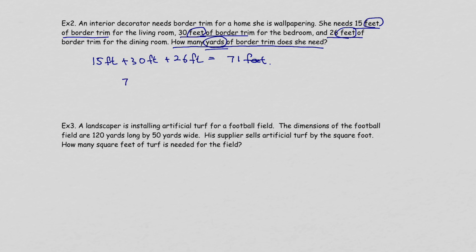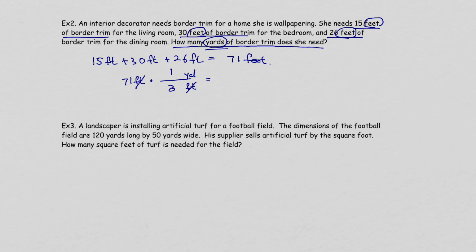So you will do 71 feet times the unit comparison. So you wanted to get yards, so yard unit will be on the numerator and then feet should be on the denominator. So this feet unit will be able to get rid of. And we know that 1 yard is equal to 3 feet.